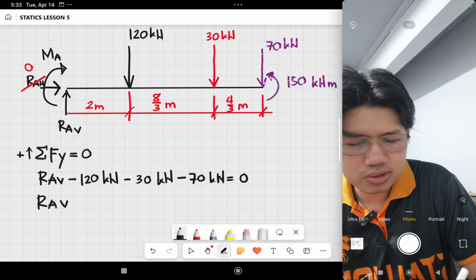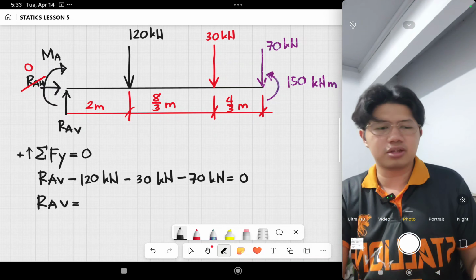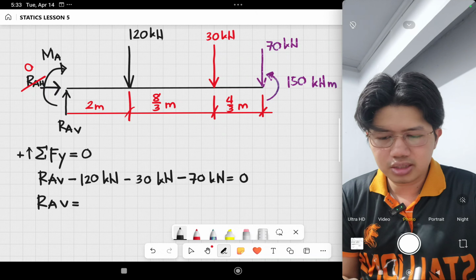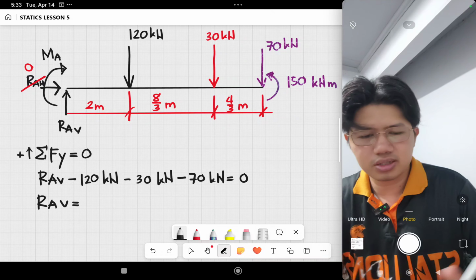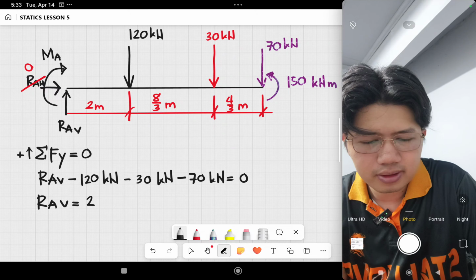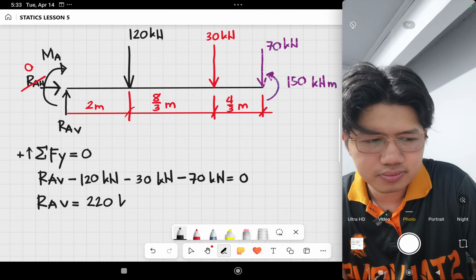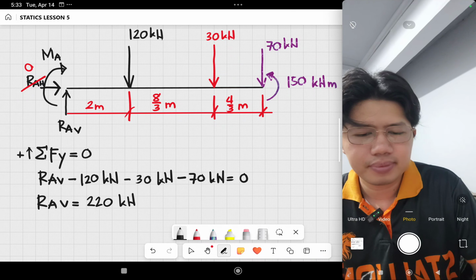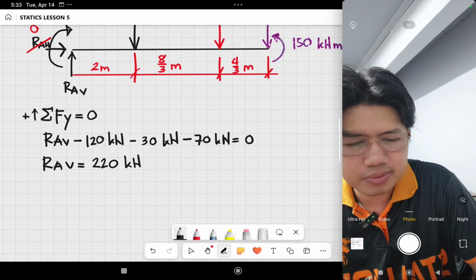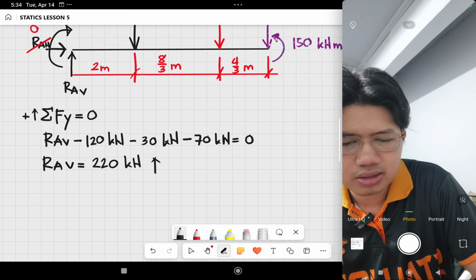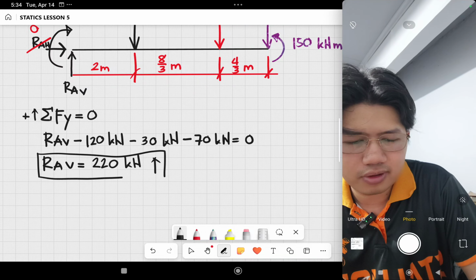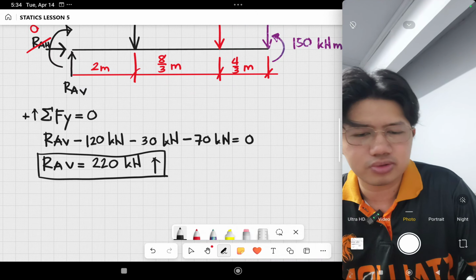We transpose every number on the other side of the equation. So that is 120 plus 30 plus 70. That is 220 kilonewton. Ayan. So it is positive. Ibig sabihin tama yung assumption natin. Magkaroon tayo ng vertical upward reaction.